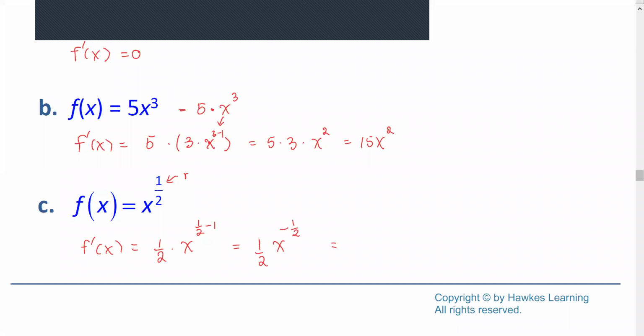And recall the negative power, we can write it as the reciprocal, or 1 over x to the 1/2. Or it will be in the form of 1 over 2 times x to the power 1/2, which is the same as 1 over 2 times square root x. So there are many forms that are equivalent to each other.